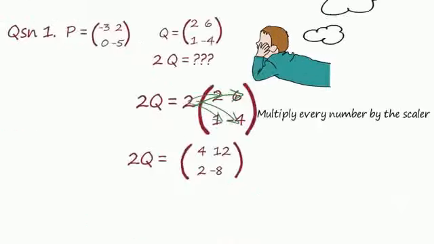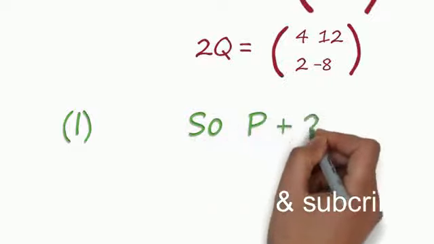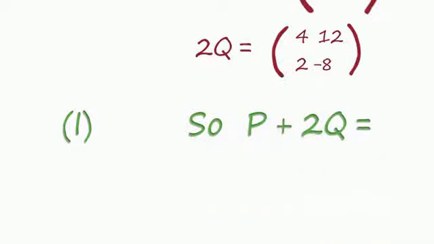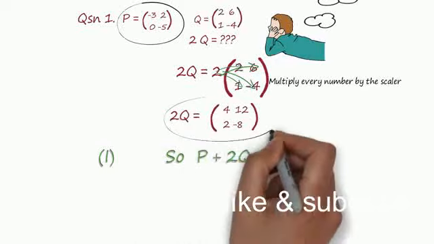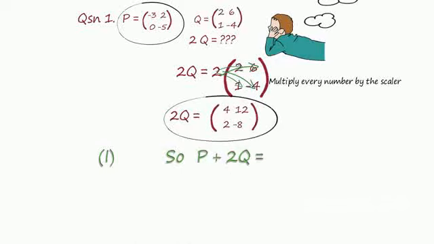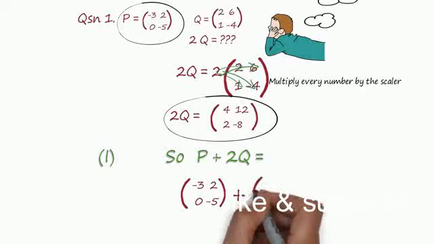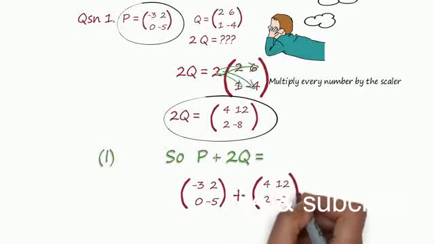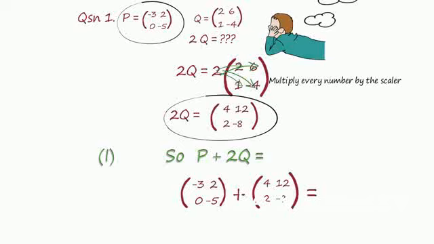Now, the question is P plus 2Q. Now we have 2Q, so it's a matter of substituting our answer there: 4, 12, 2, minus 8 for 2Q. And then we add P plus this 2Q that we have calculated. Now, this is addition of matrices, and it's a 2 by 2 and a 2 by 2, so we just add corresponding figures there.